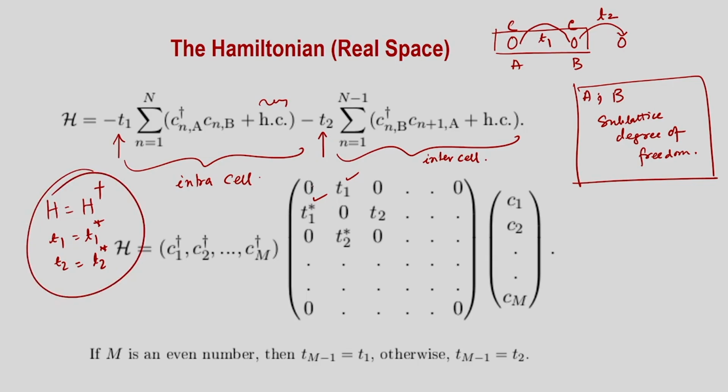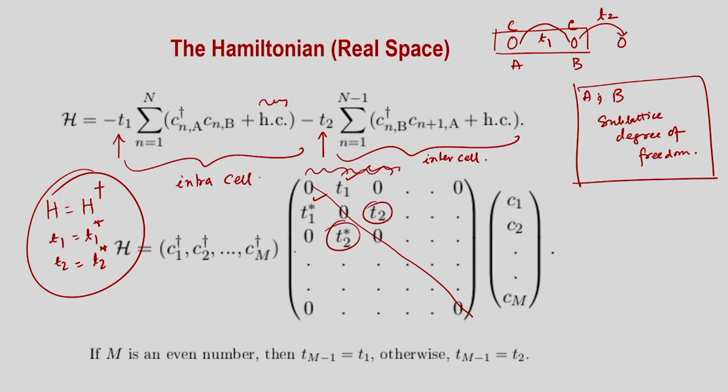So, you have no term along the diagonal, because there is no on-site potential, and these are between the same unit cell. This is the hopping between A and B sublattices, and this is the hopping which is T2 and T2 star, and so on and so forth.